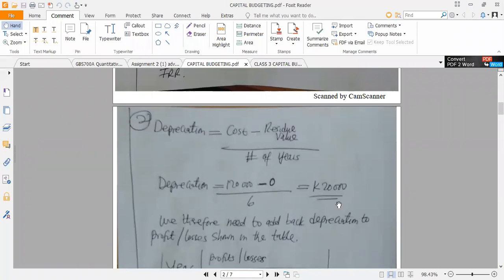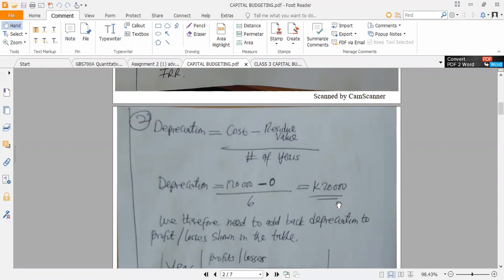If you multiply the 20,000 kwacha by 6, you get the total of 120,000 kwacha, meaning there will not be any value left for that equipment. The equipment would have lost value completely at the end of 6 years.